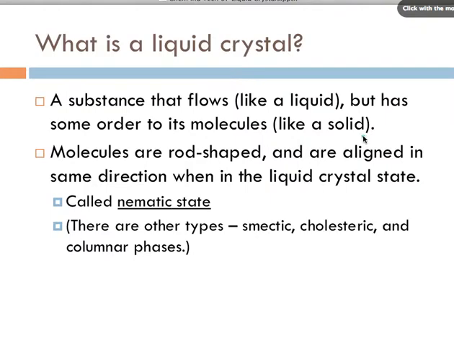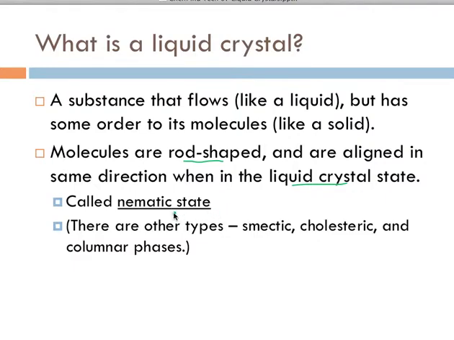So it is a phase of matter that can move like a liquid, but it does have order to its molecules. The molecules themselves must be rod-shaped, and we'll look at the structures that contribute to rod-shaped molecules, and they have to be aligned in the same direction when they are in the liquid crystal state.